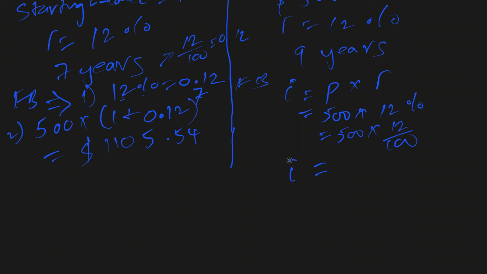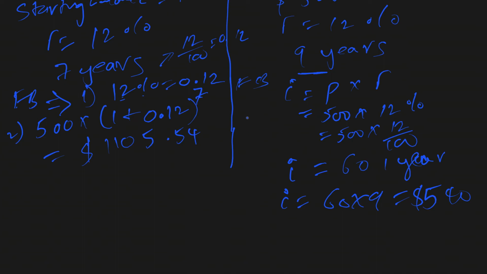This will give us interest of $60. But remember, this is for 1 year, and we want it for 9 years. So for 9 years, this would be 60 times 9, which is 540 interest earned.